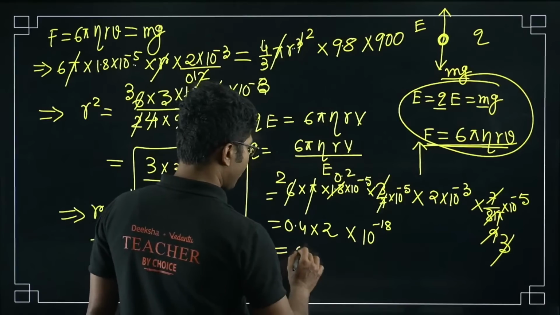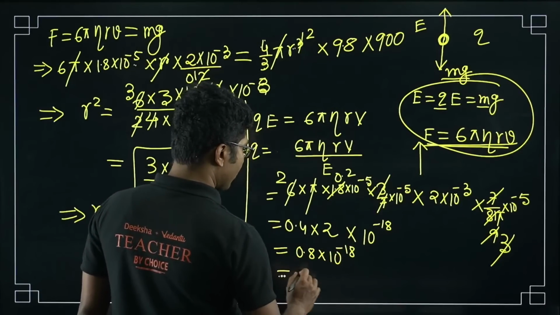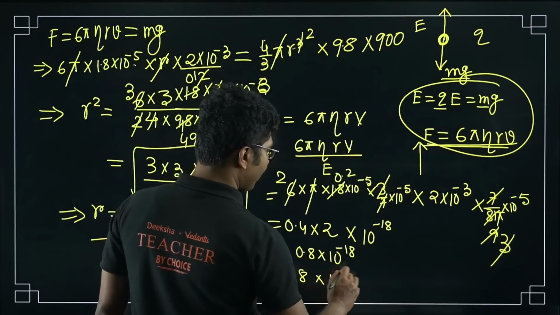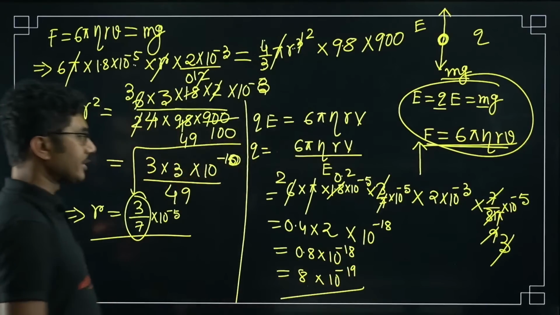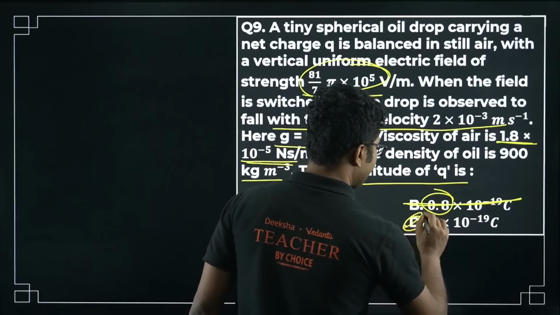So it will be 0.8 into 10 to the power of minus 18, or it will be 8 into 10 to the power of minus 19. So the answer will be 8 into 10 to the power of minus 19. So option D is correct.